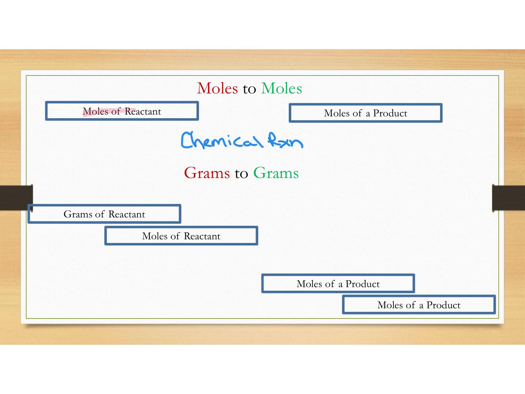So when I'm going from moles of a reactant to moles of a product, I am going to use my chemical equation. What principle are we going to use? We are going to use the concept of mole ratio.